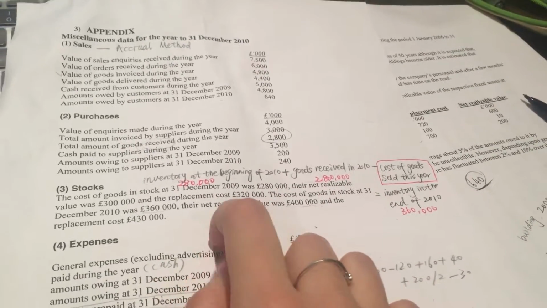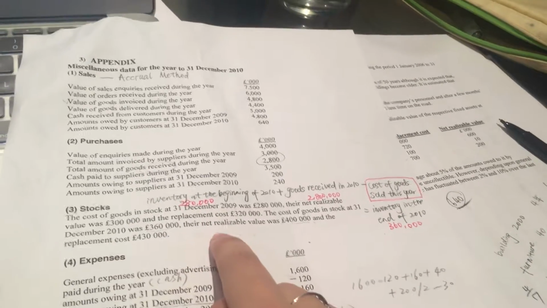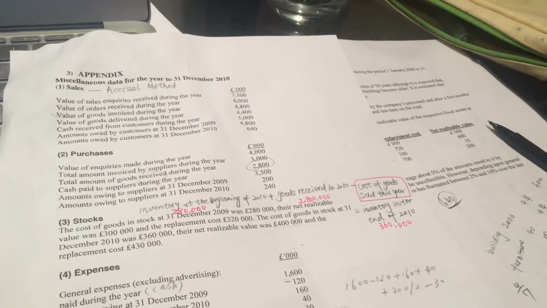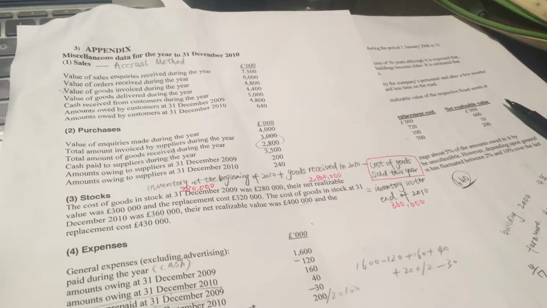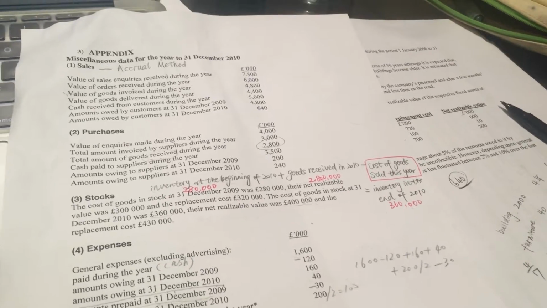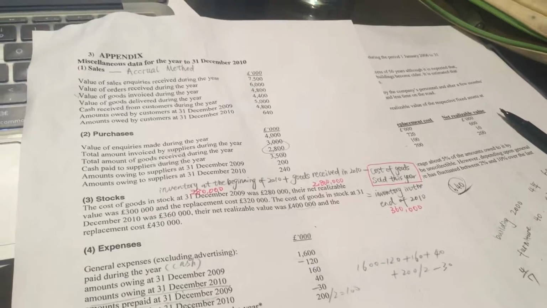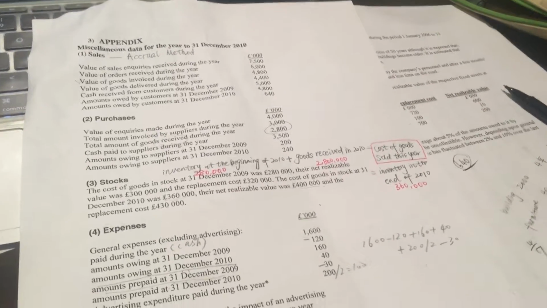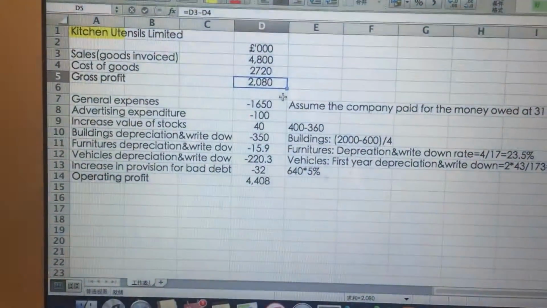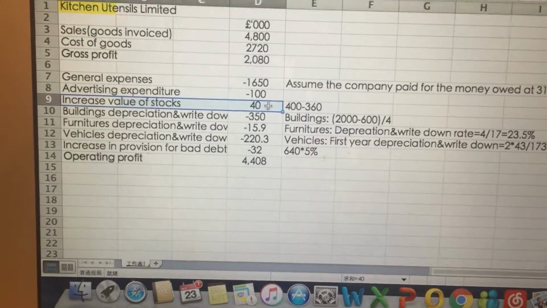We found that the net realizable value at the end of 2010 for this inventory is 400, but the cost of goods at the time is only 316, which means there is an increase in the value of stocks at that time. So we add this amount to the operating expenses here, which is positive 40,000 pounds.